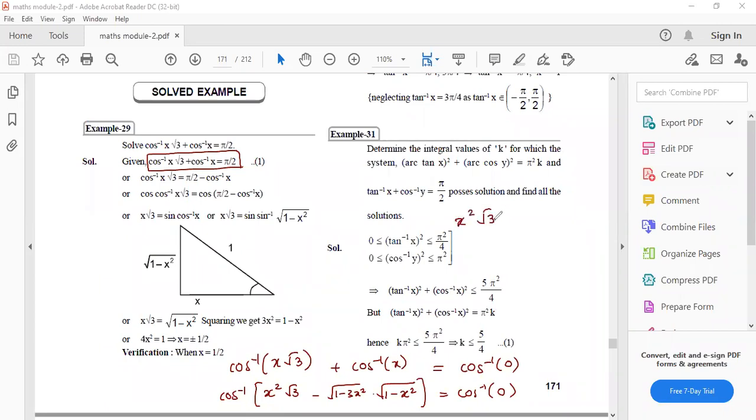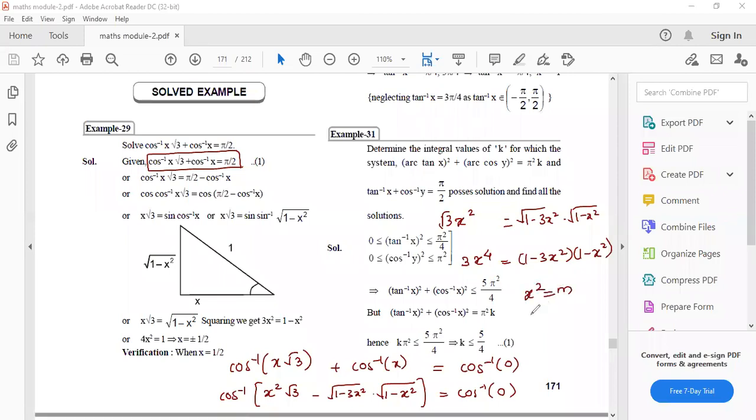So simply your equation will come down to root 3x square minus under root 1 minus 3x square into under root 1 minus x square, and this should be equal to 0. So if you transfer this on the other side, both the terms will be equal. Now, how do you solve the value for x? Should we square on both the sides? Is this a quadratic in x square?